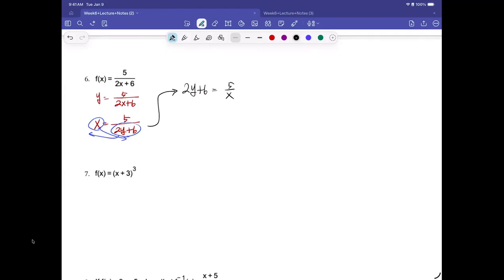And then now you can solve for y. Subtract 6. And then divide by 2. Then y is going to be 5 over x minus 6 over 2.